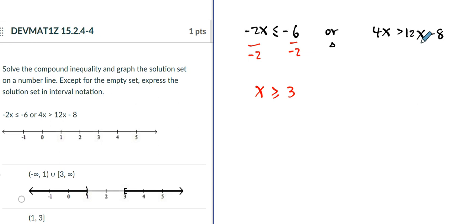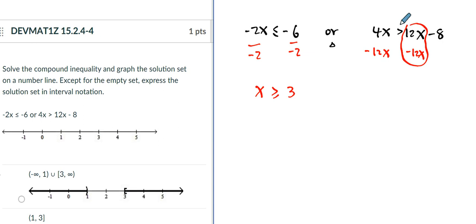The second one takes a little bit more work. You do minus 12x on both sides. Okay, that's a little bit more work.